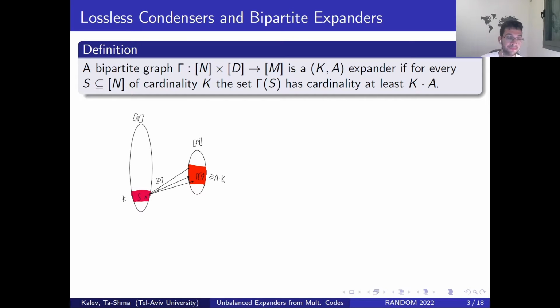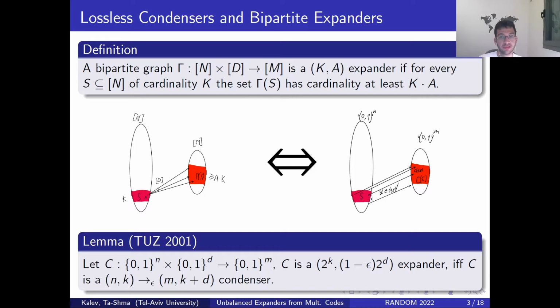A bipartite expander is a bipartite graph with n left vertices, m right vertices, and left-side degree d, and it is a (K, A) expander if for every set of left vertices of cardinality K, the set of all its neighbors has cardinality at least K times A. In 2001, it was discovered by Ta-Shma, Umans, and Zuckerman that lossless condensers and bipartite expanders are essentially equivalent, because a function is a lossless condenser with error epsilon if and only if the corresponding bipartite graph is a (2^k, (1 minus epsilon) 2^d) expander.